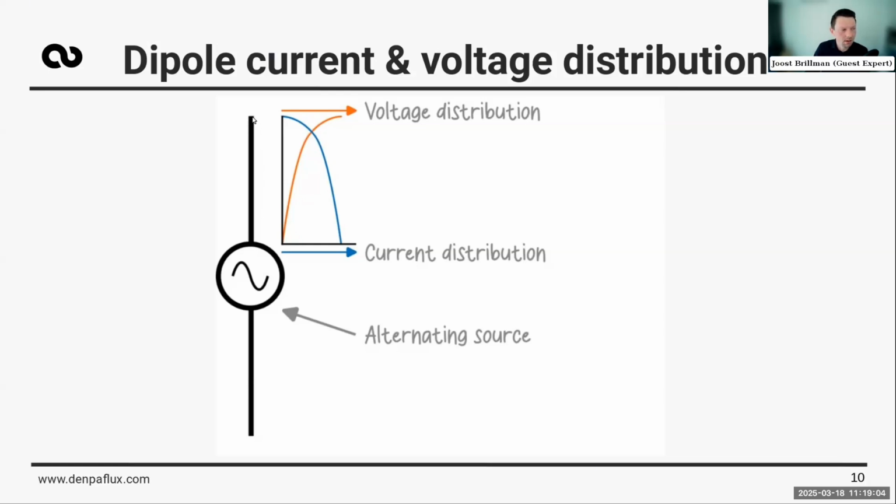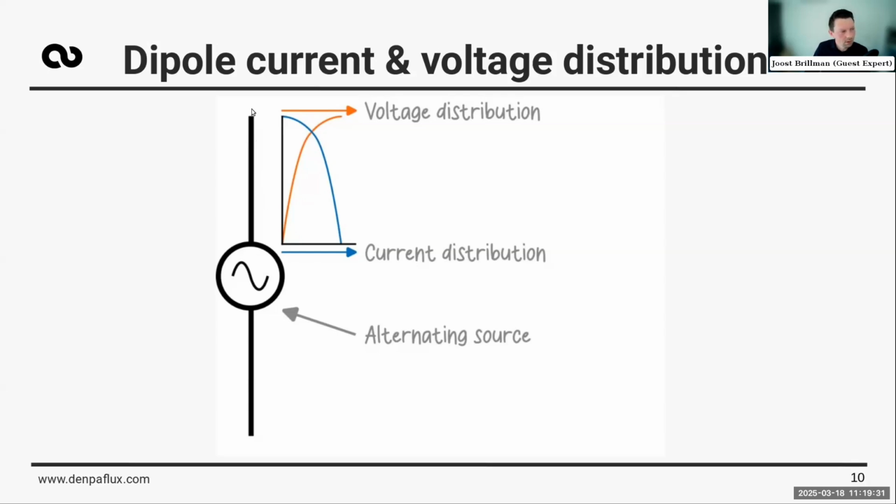They pile up at the end, so the charge density increases, and the voltage is the highest at the tip. And of course, the electrons cannot flow any further, so at the absolute tip, the current should be 0, and it is 0 if you look at the current distribution of a dipole antenna conductor at one side, and the same happens, of course, at the other side.